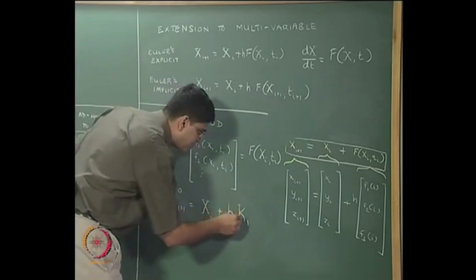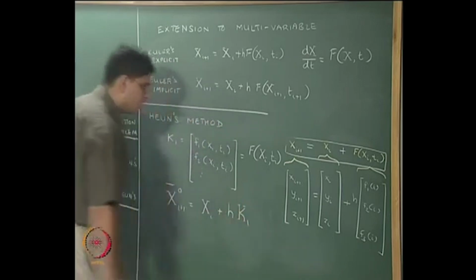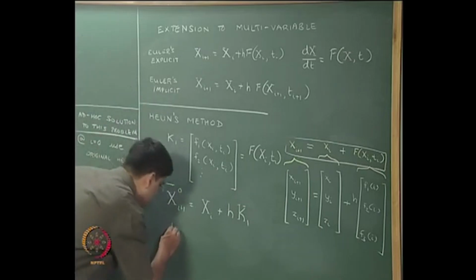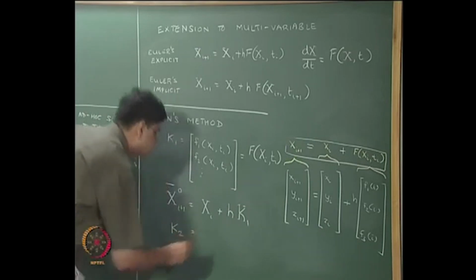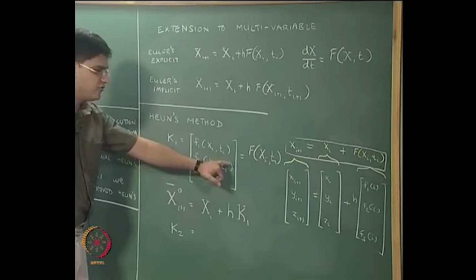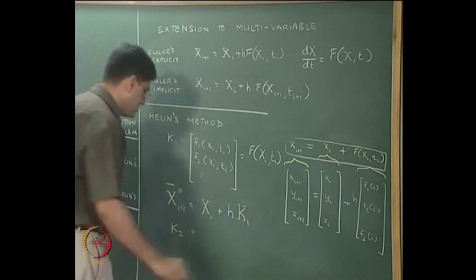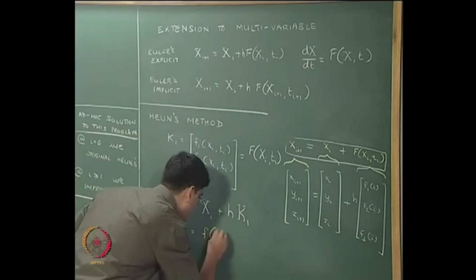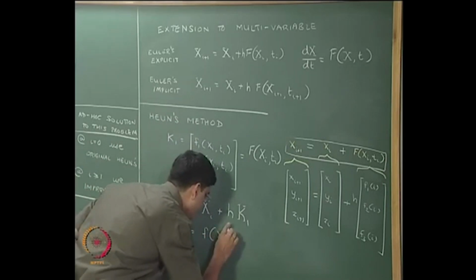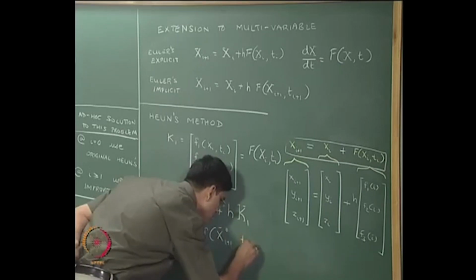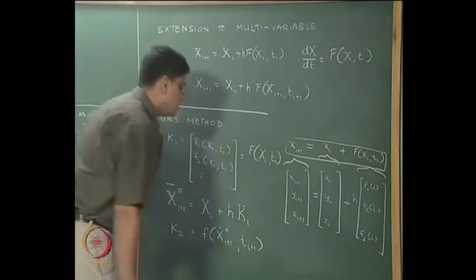Okay. That becomes our next expression. Our K2 is going to be nothing but function F computed at x bar 0 i plus 1 comma t i plus 1. Okay.